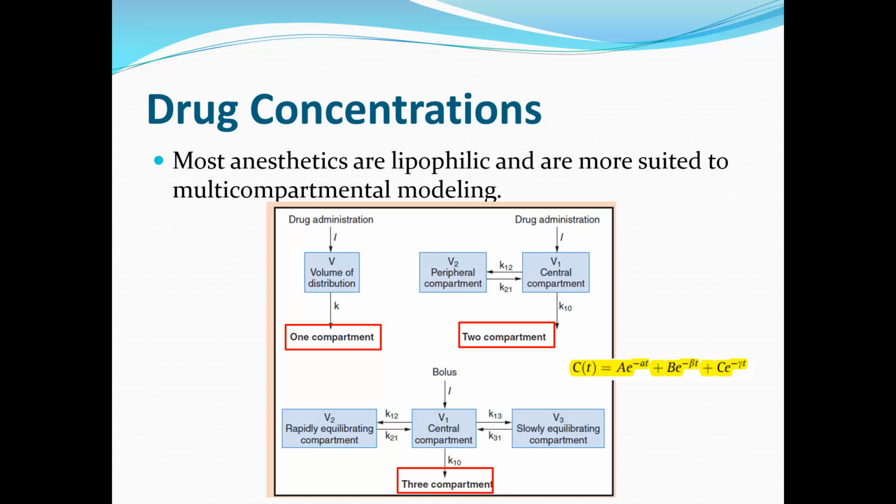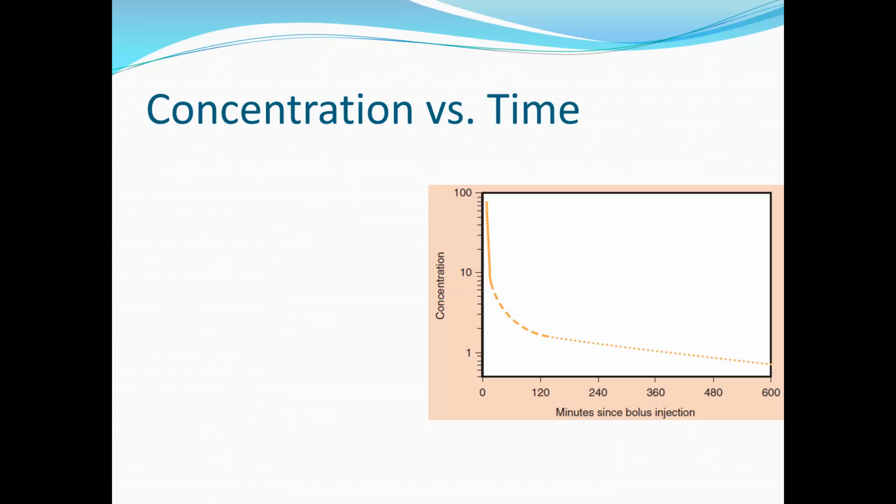And this formula, the Ct equals A e to the minus alpha t, etc., is actually very useful in terms of understanding how drugs work and why it is that, when you give a bolus, it quickly goes away, versus when you stop an infusion, how long it actually takes for that drug effect to be gone so a patient wakes up.